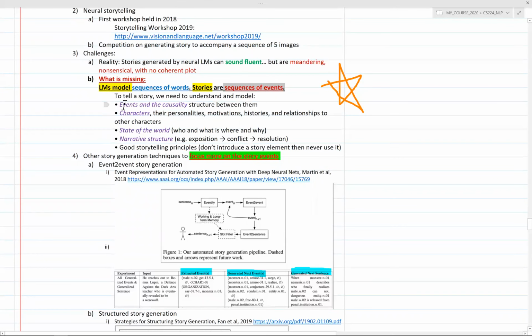We need to think about the events, the characters in the stories, and the states of the world of the stories, as well as the narrative structure. So a whole bigger structure than the language modeling itself.